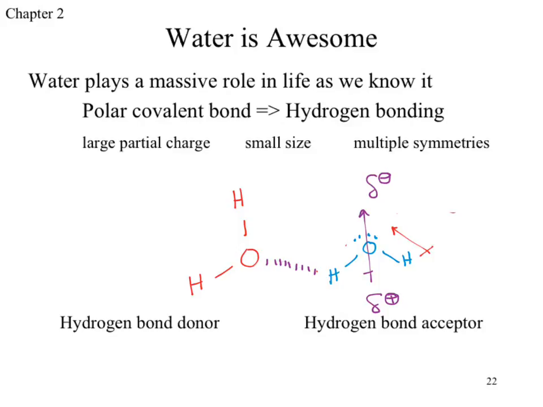Bonds are by definition the sharing of electrons between two atoms. Hydrogen bonding is a force, not a bond, because we are not sharing electrons. We are looking at a weak attraction between opposite charges. Now that we know it's a force, is it a strong force or a weak force?